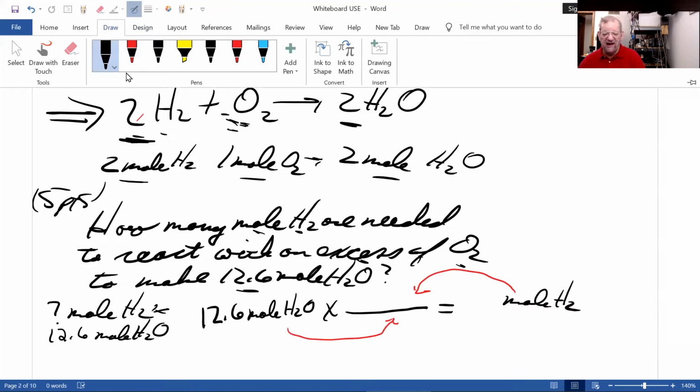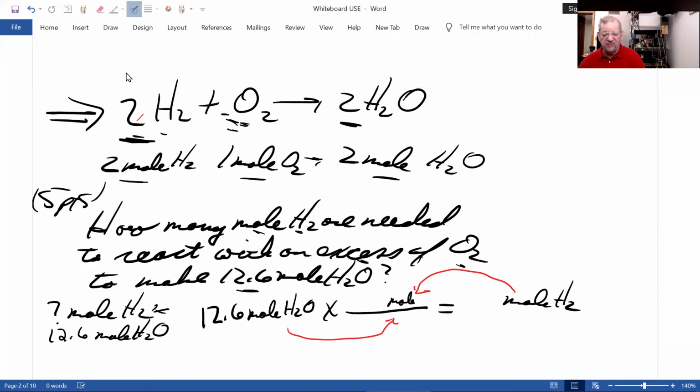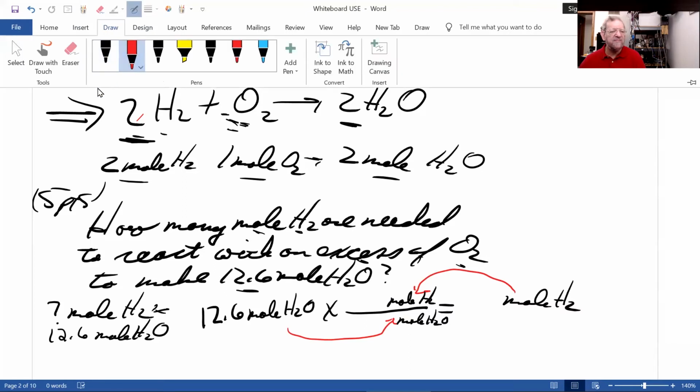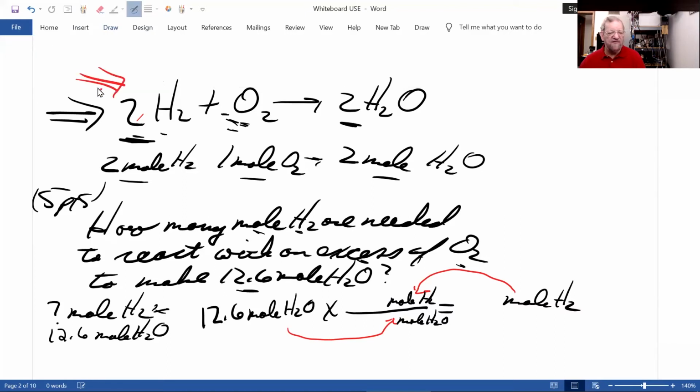So on top, I have moles of hydrogen. Underneath, I have moles of water. And where do I get that relationship? From up here. For every 2 moles of hydrogen, how many moles of water do I make? And the answer is 2.